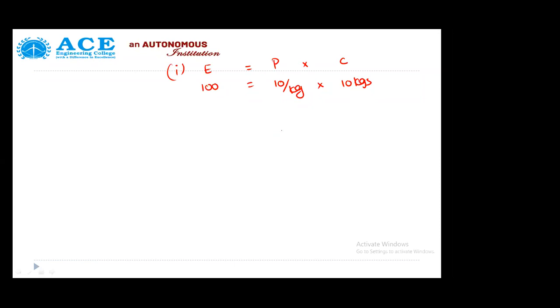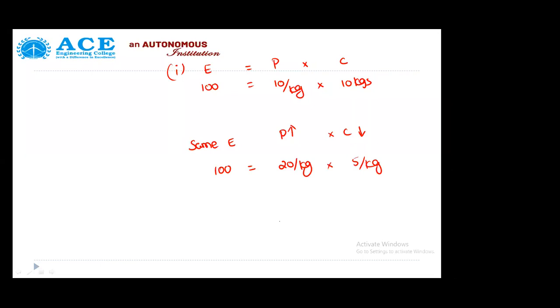If price is increased, in the sense the price becomes 20 per kg, to maintain the same expenditure, meaning 100, what should the consumption be? 5 kg, right? So consumption should decrease.